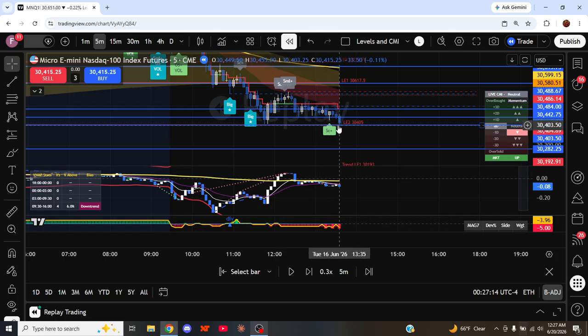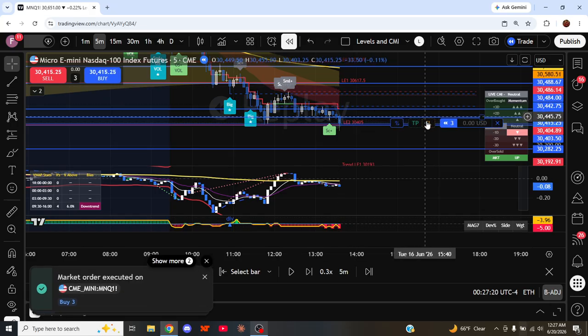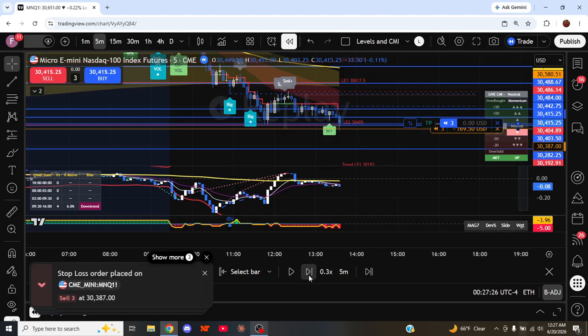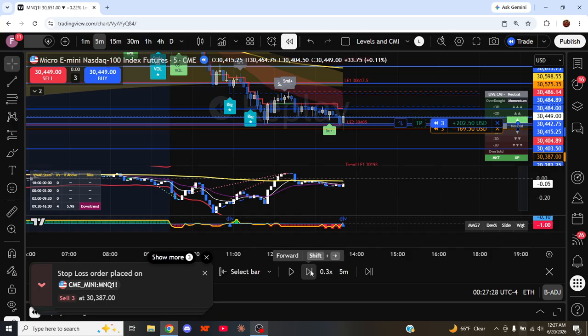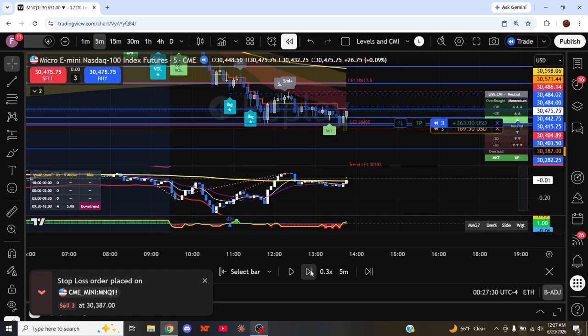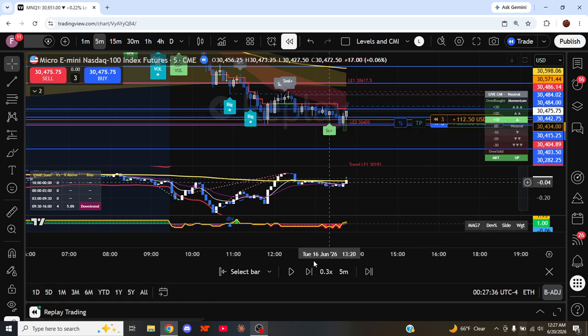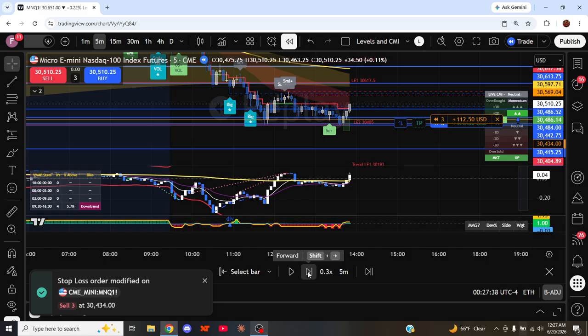Yeah, invalidated, but hit a level where we double bottomed. I'm gonna buy. This is a great spot because you can have a very tight stop loss. Yeah. Nice.